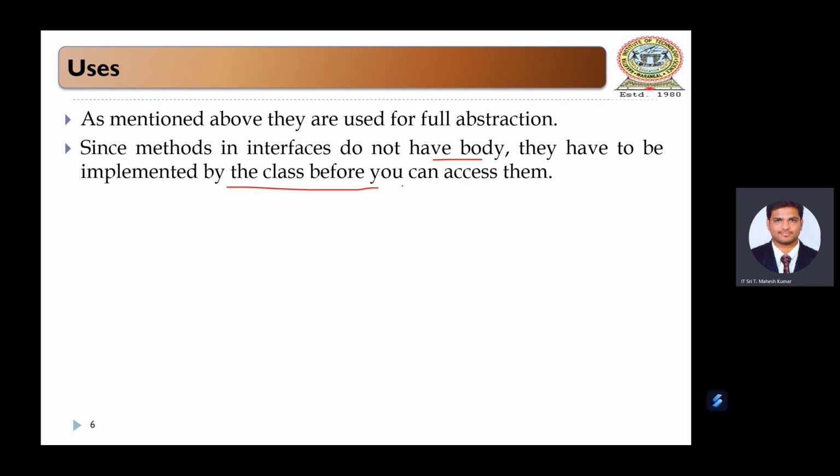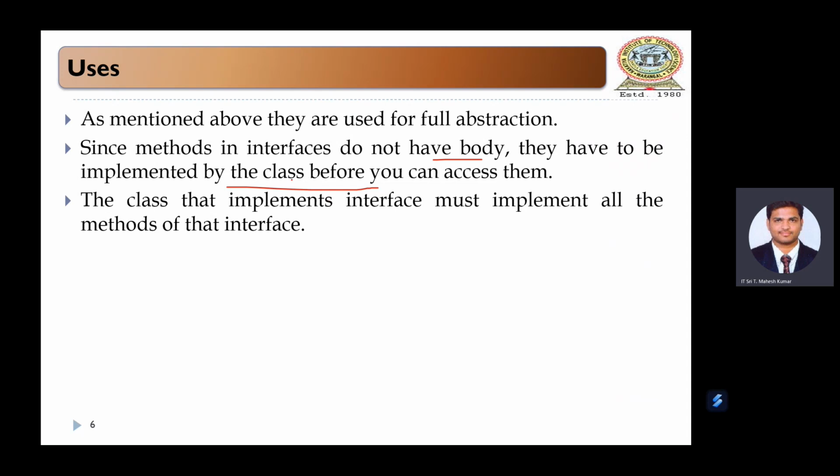Just like in C and C++, where we write a function prototype before main, in the same way, whatever methods you are using in that class, you have to write the method prototype within the interface, and then you can access them.